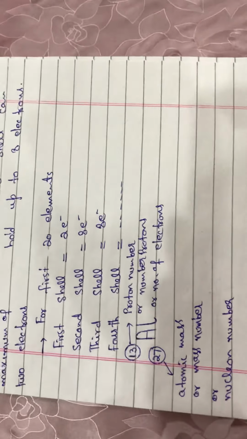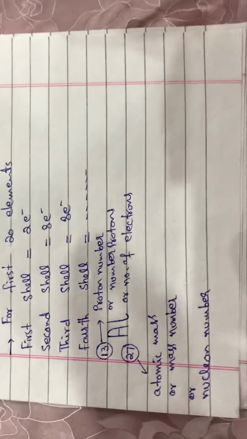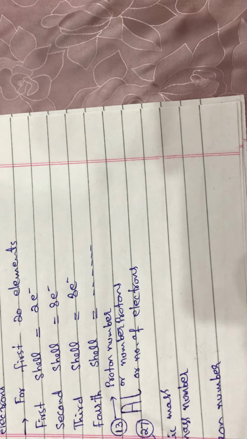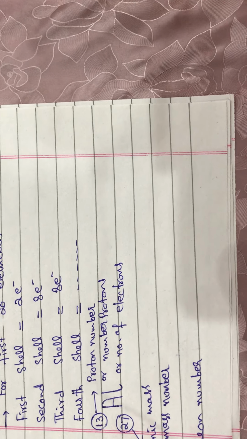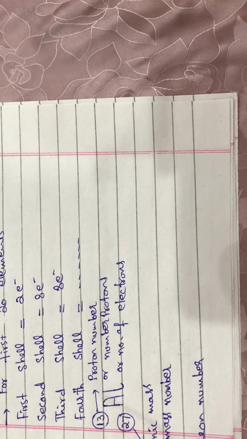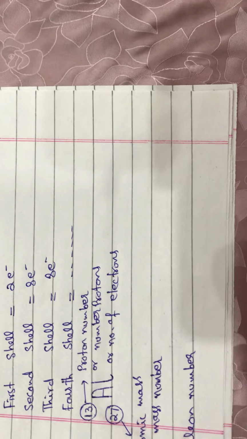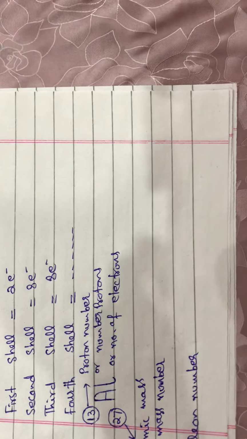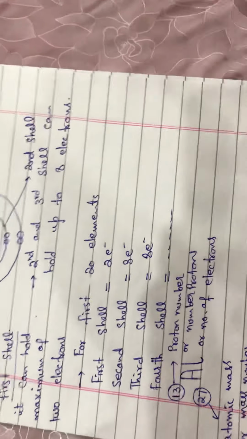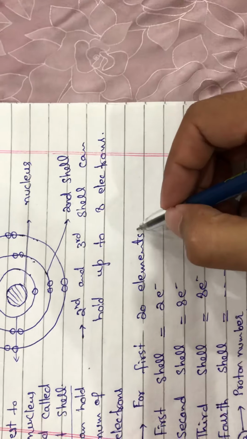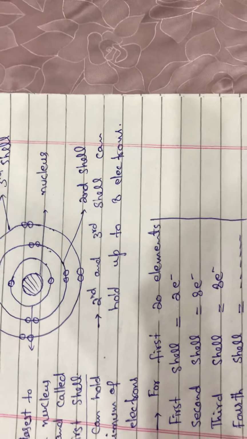So we are writing its electronic structure or its electronic configuration. The electron arrangement is the way the electrons are arranged in an atom. Here you can write a statement about the arrangement of electrons.